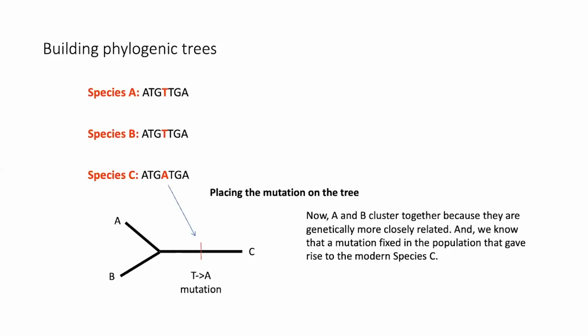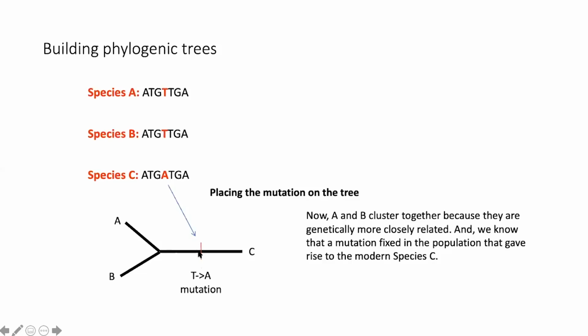What we would say is that there should be a mutation that occurs on this branch leading out to C. And that's going to draw out this branch, because often branch length indicates evolutionary distance or genetic distance between species.